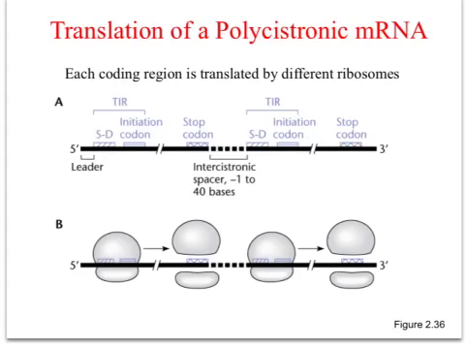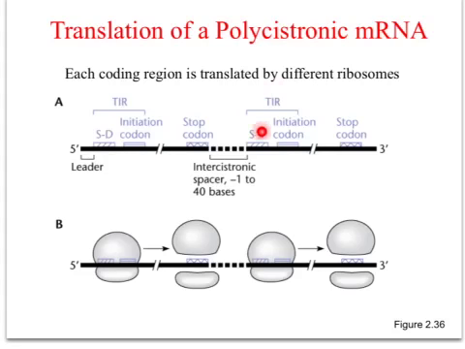While only two are shown here, it's possible to have 3, 4, 5, even as many as a dozen genes, all under the control of the same promoter on the same transcript. So the way this works is that the Shine-Dalgarno sequence and the initiation codon are the binding sites for the ribosome, and the stop codon is the region where the ribosome dissociates.